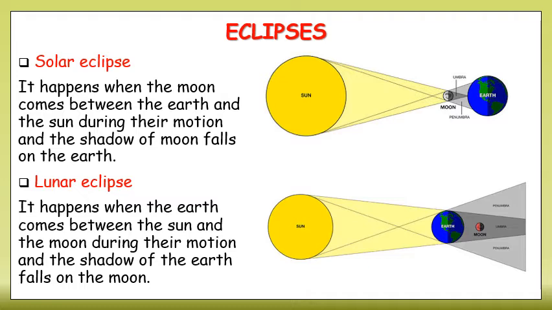Thus, the shadow of the earth is formed on the moon, thereby blocking the sunlight on the moon, and this is called a lunar eclipse. So you can say that shadow formation also takes place in nature, and shadows also play an important role in the occurrence of eclipses.